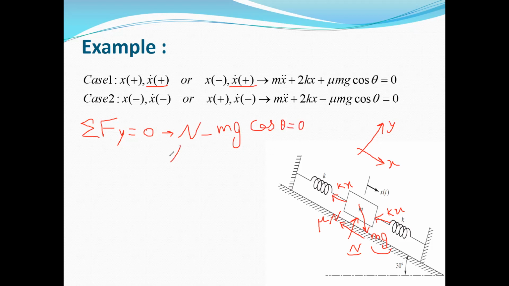From this equation, we can conclude that N is equal to mg cosine theta, and this is the normal reaction.